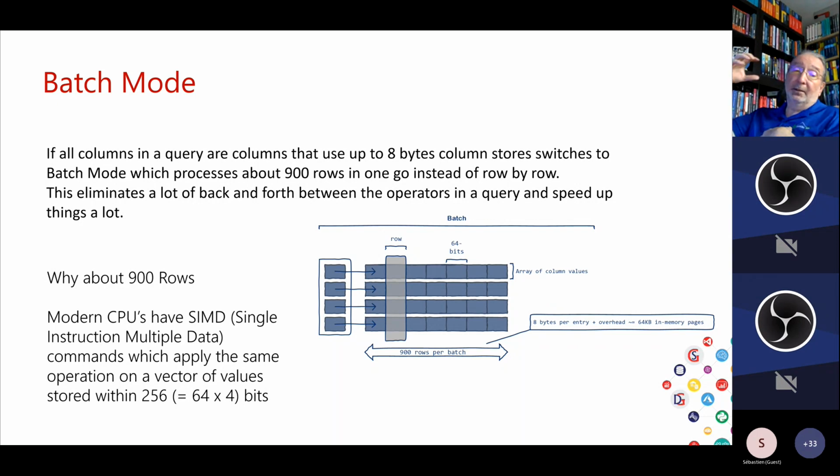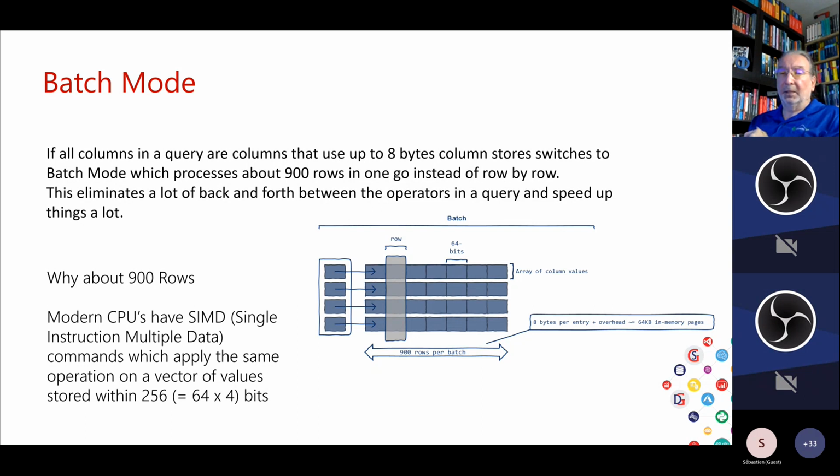So you can basically run 4 streams of data at the same time. And if you take the 64 bits per value, put 4 of them together from 4 different columns, you get basically about 900 rows per batch into a 64 kilobyte memory block. And that's why this is about 900.